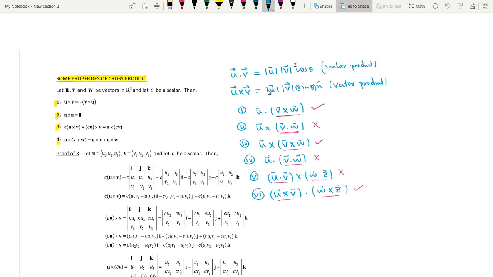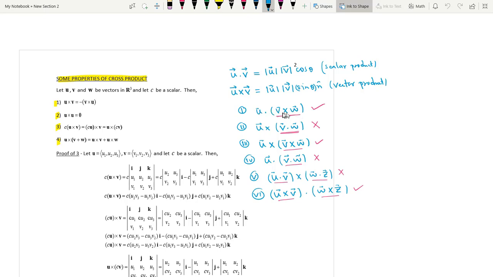Now we need to check a few more things. In the dot product we learned that if we take the dot product of two vectors u and v, then it is a scalar quantity. And if we take the cross product of two vectors u and v, then this is a vector quantity. Now the question is, is this meaningful?